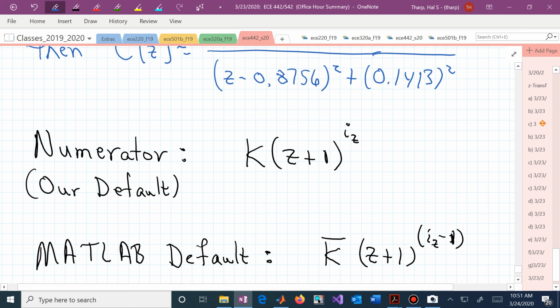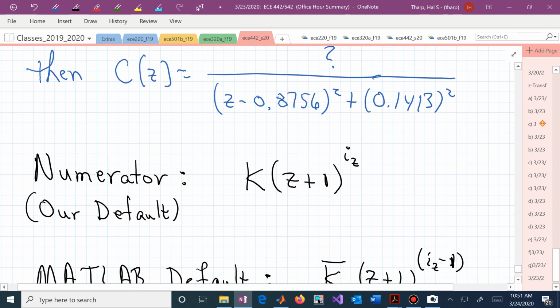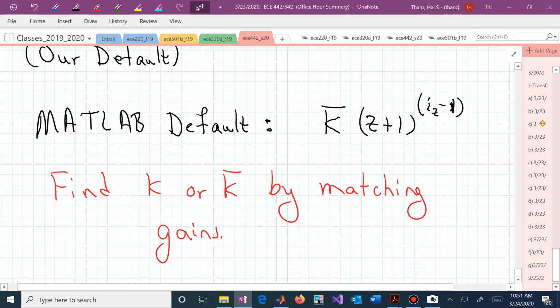Now we would have 2 quantity squared, or 4, scaling k, along with the denominator. And MATLAB would have 2 raised to the first power, scaling their gain, k bar. And then again, the denominators in both would be the same. But we would find our k and MATLAB's k bar by matching the gains.